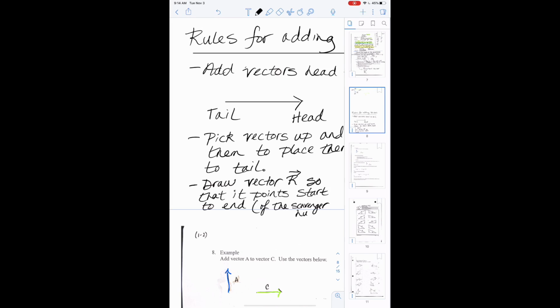You know, it's like a map. I don't know, you get the idea. So draw your vector R so that it points start to end.